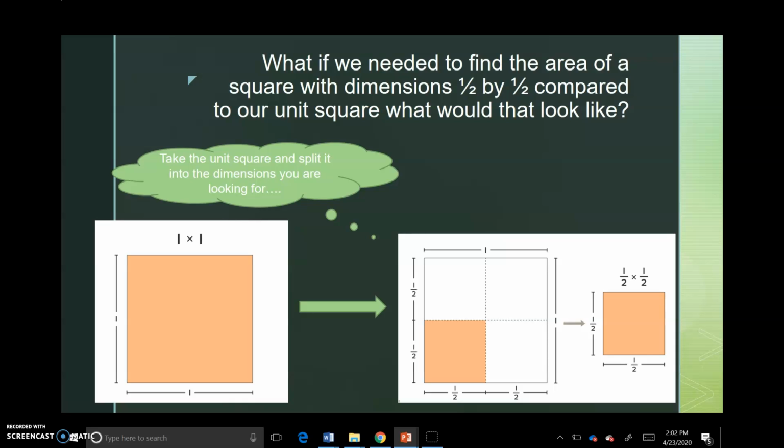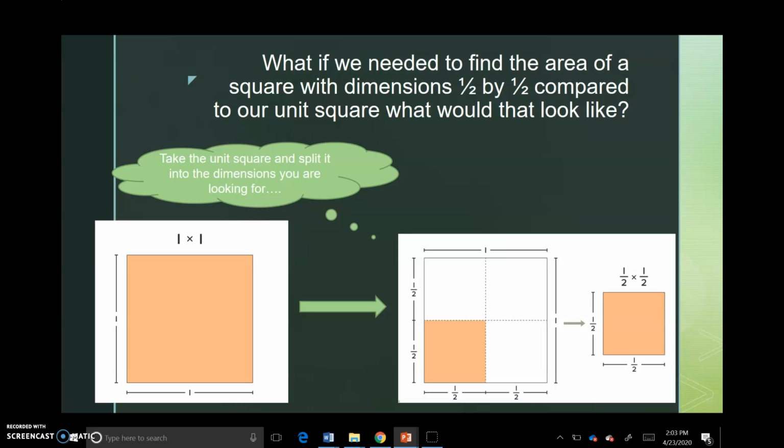So we're taking our unit square and we are splitting it off into the dimensions that you're looking for.